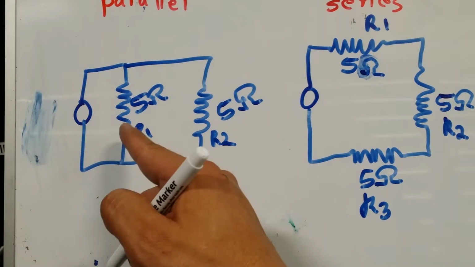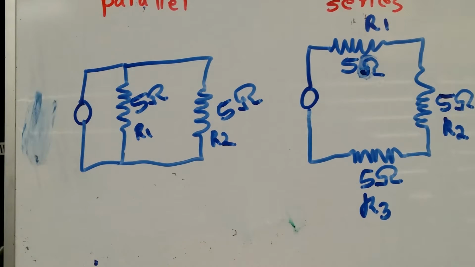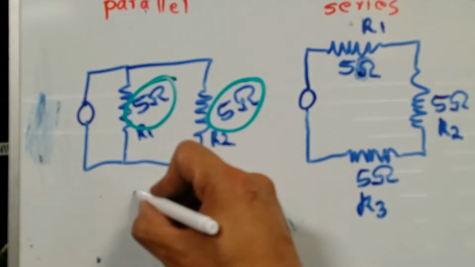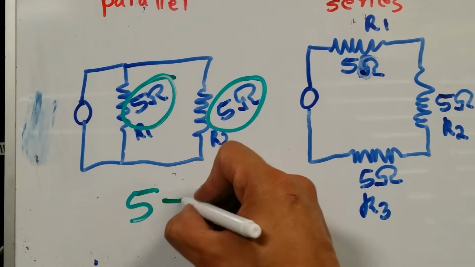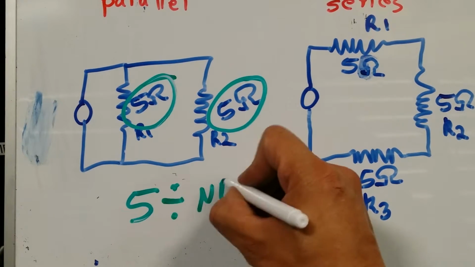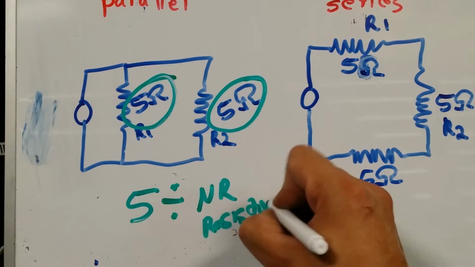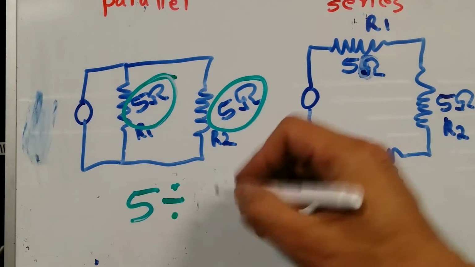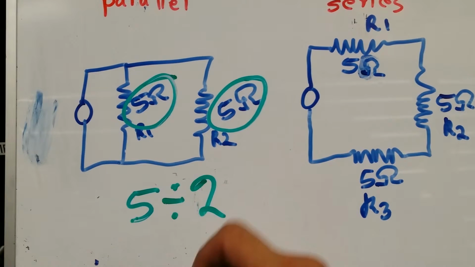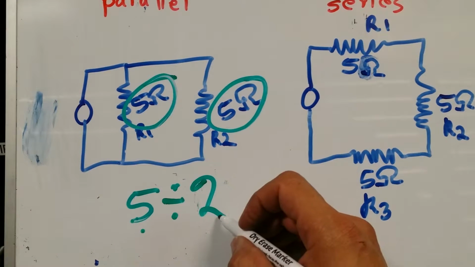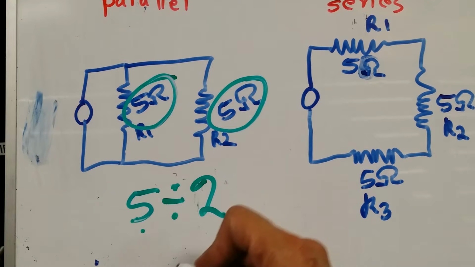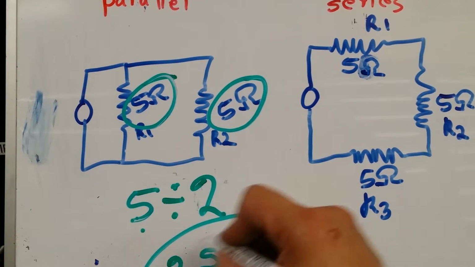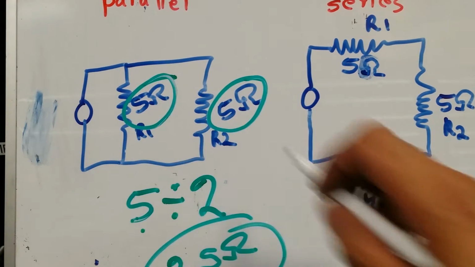I count resistor 1, resistor 2, so I have 2 resistors, so I'm going to divide the same value by the number of resistors. 5 ohms divided by 2 is going to give me 2.5 ohms. 2.5 ohms is the resistance of these 2 resistors combined.